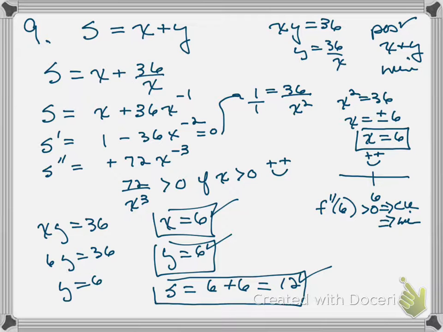Okay, we're going to go to problem 10, which I said was the most challenging. So let's set that one up. So for 10, it says find the positive values. So I need to find x, y, and z. And I need to find the q. And I want this to be a max. Okay, so now I know all of those things.